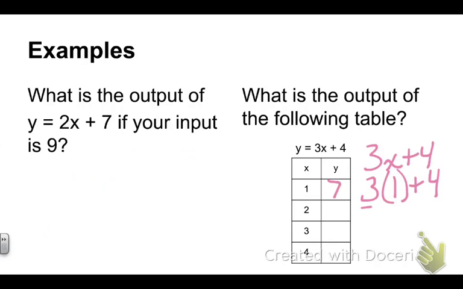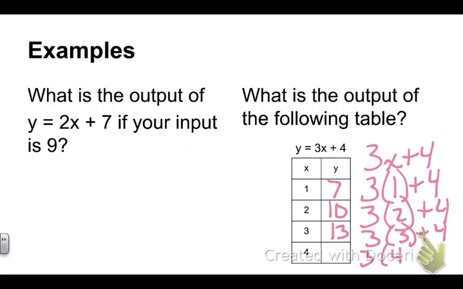Then substitute in 2. 3 times 2 plus 4. So you're going to get 6 plus 4, which is 10. 3 times 3 plus 4, 9 plus 4. And then finally 3 times 4 plus 4. So you're going to have 12 plus 4. Right? We're going to be using the table method most often.